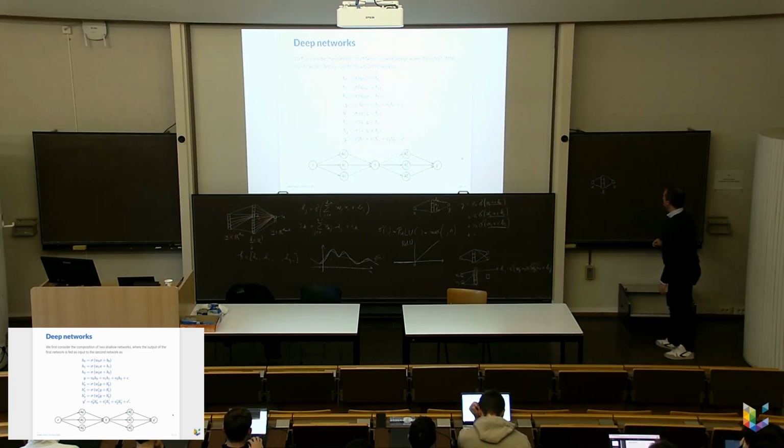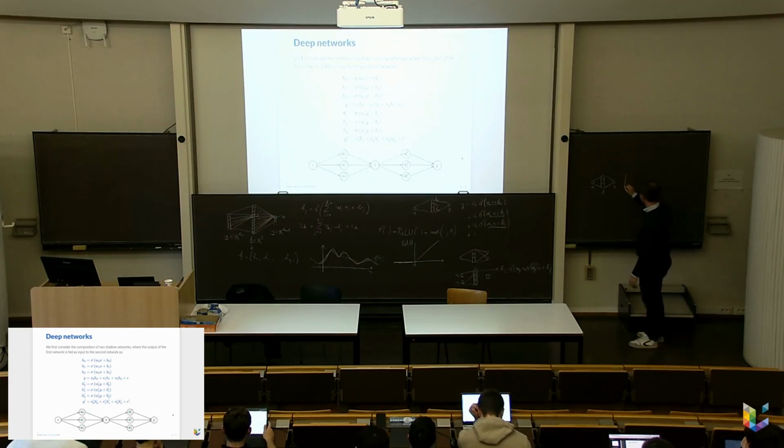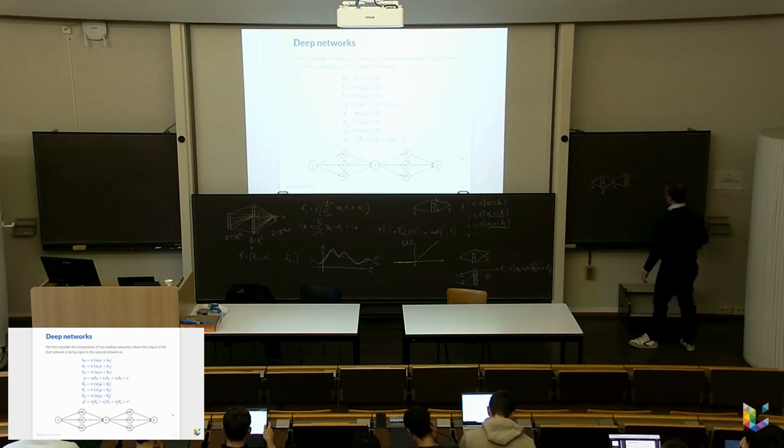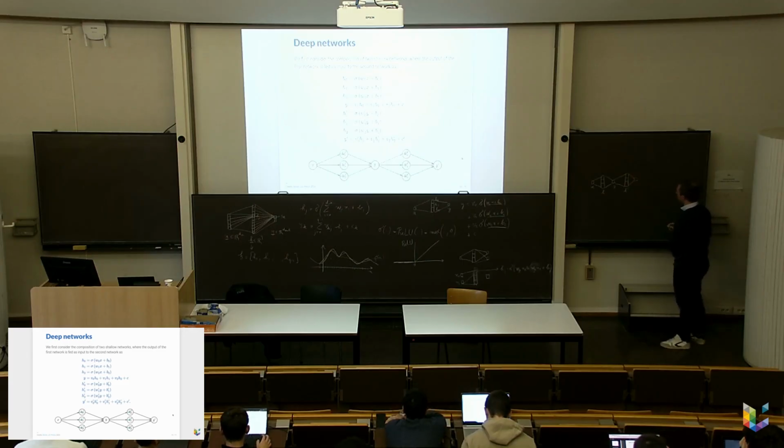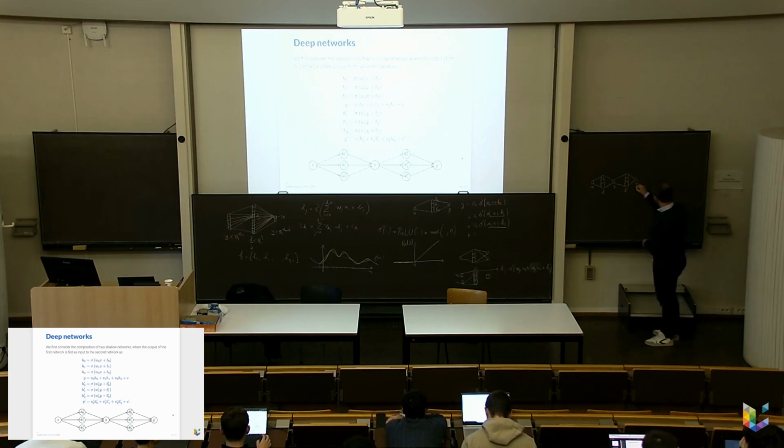Okay? And then this output y, you pass to another shallow network, let's say again of one single layer of 3 elements, that will produce a new hidden layer, which I will call h prime. And then this vector h prime will be used to compute the output of the second neural network.